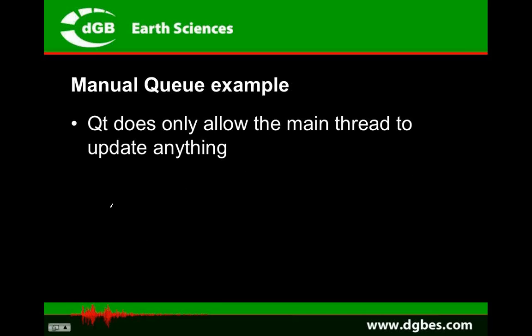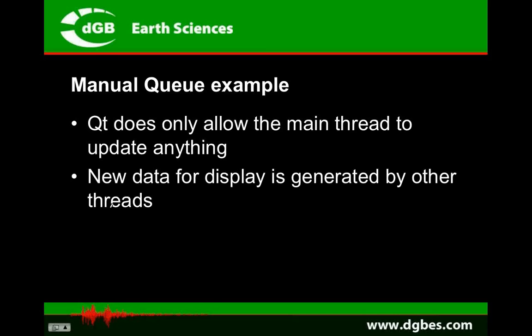So why do we have this? Well, in OpendTect we have one problem, for instance, where Qt does not allow updates from anything but the main thread. So say I calculate data in the background that I want displayed on a panel in OpendTect.